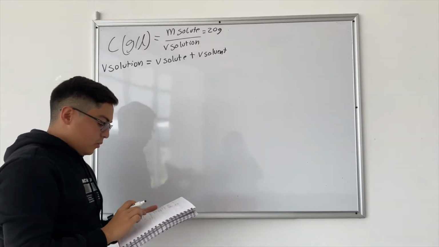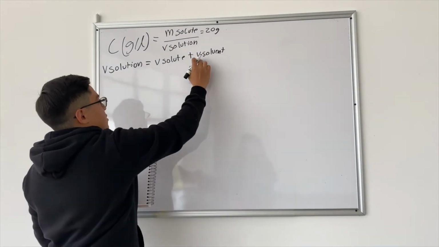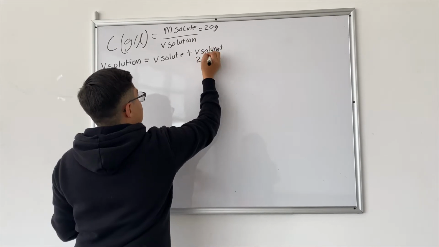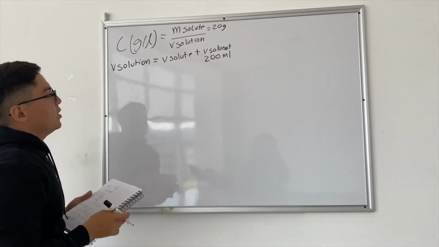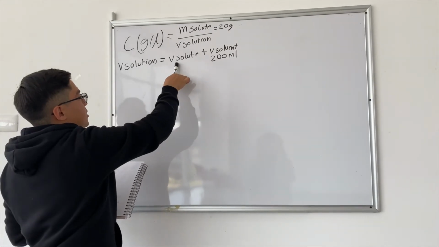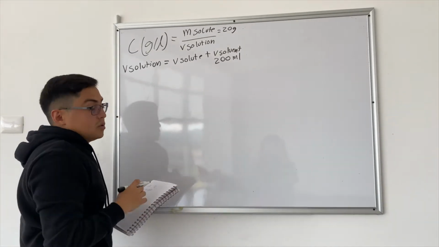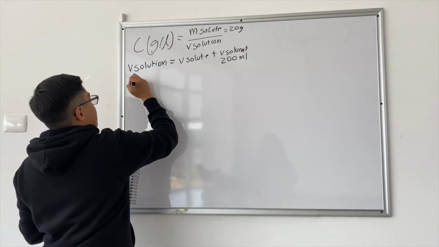According to our data, we know that the volume of the solvent equals 200 milliliters. Now that we have the volume of the solvent, we need to get the volume of the solute. So we need to use the next formula.